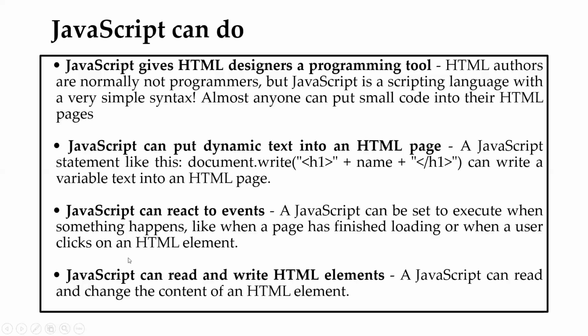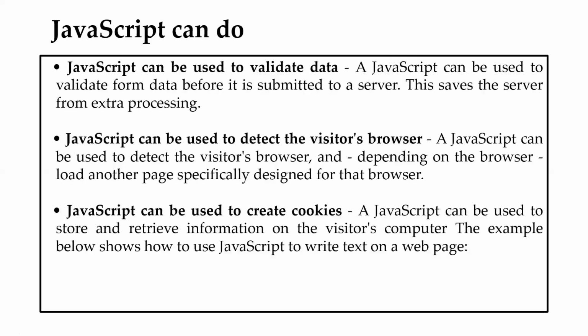JavaScript can read and write HTML elements. So JavaScript can read the content or change the content. We can change the color, we can change the background images. All these features we can do by using the JavaScript scripting language.